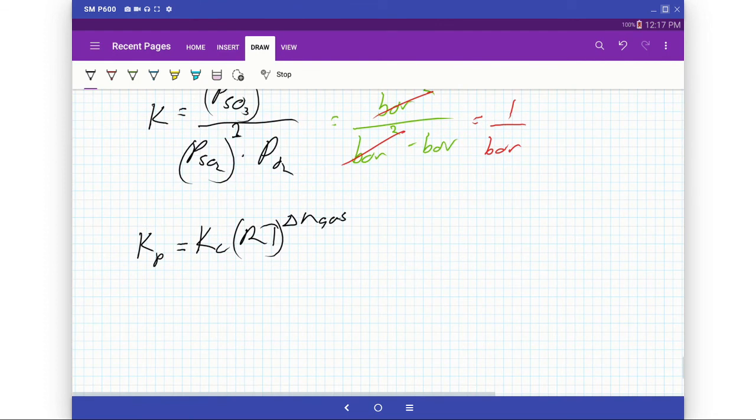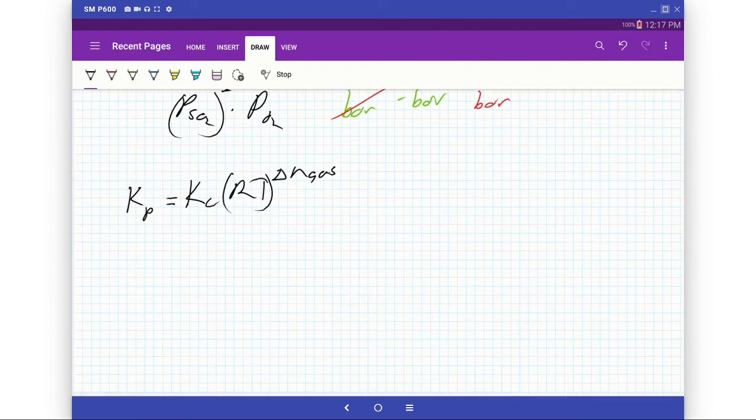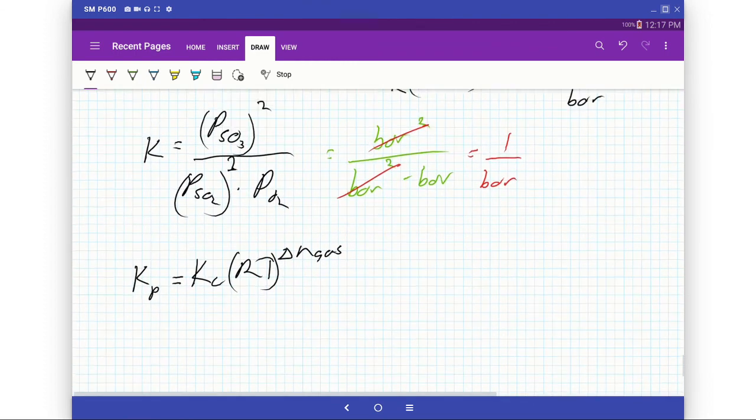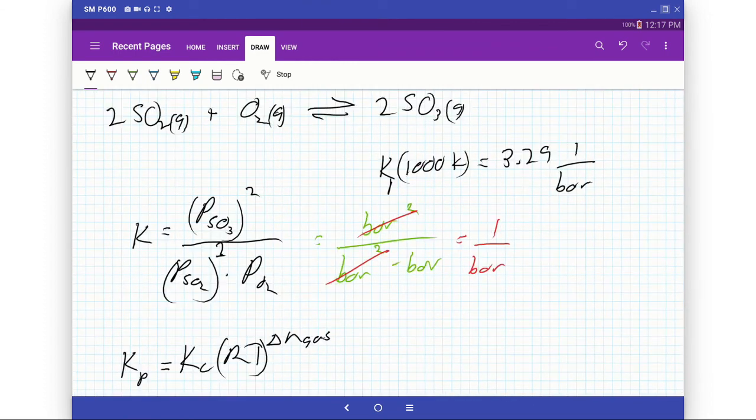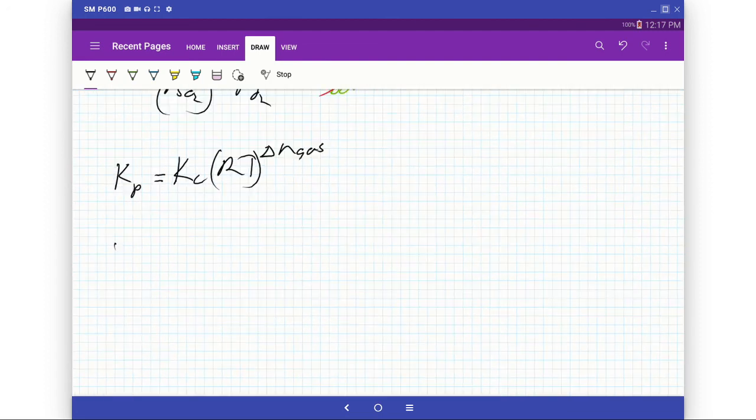We have Kp. That's what was given up over here. Kp is 3.29 times 1 over bar. In order to solve for Kc, I get Kp divided by RT to the delta N gas.